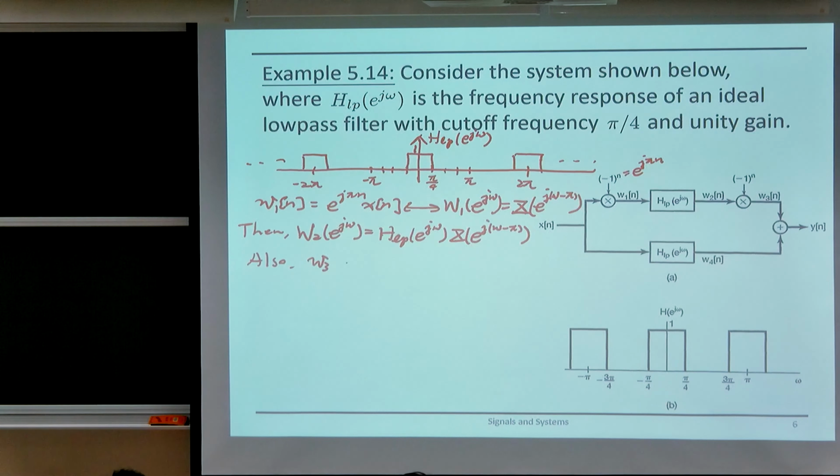If you write w3[n] as e to the j pi n times w2[n], then in the frequency domain, W3(e^jω) should be a frequency-shifted version of W2.